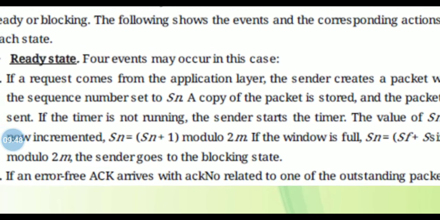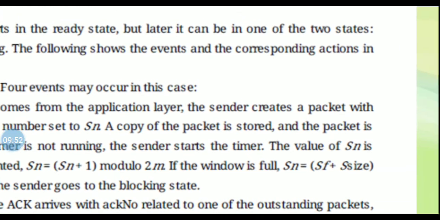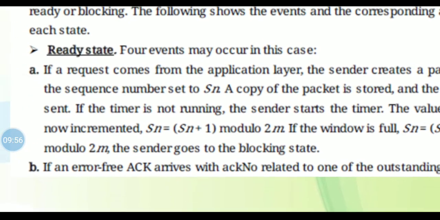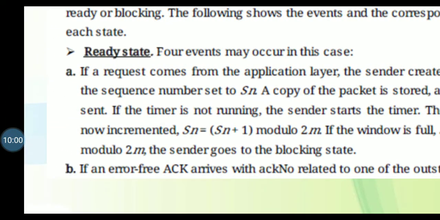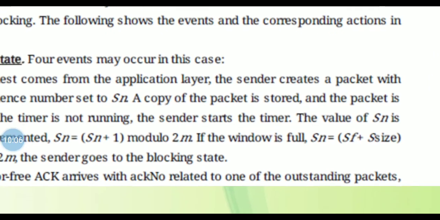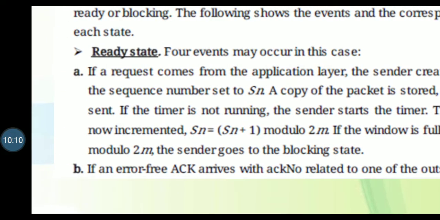If the timer is not running, the sender starts the timer. The value of SN is now incremented: SN becomes SN plus 1 modulo 2 raised to m. If the window is full, that is SN equals SF plus S size modulo 2 raised to m, the sender goes to the blocking state.